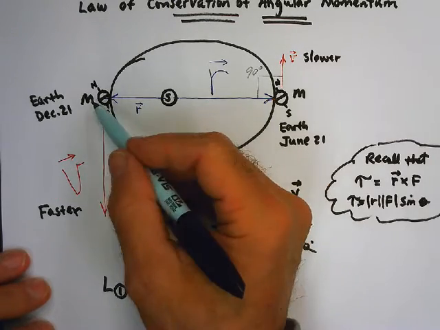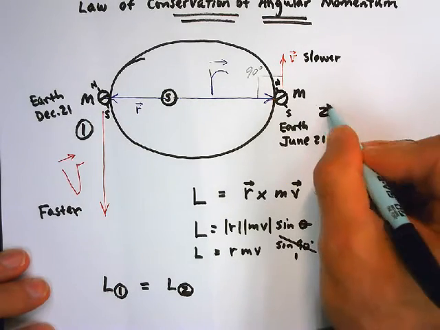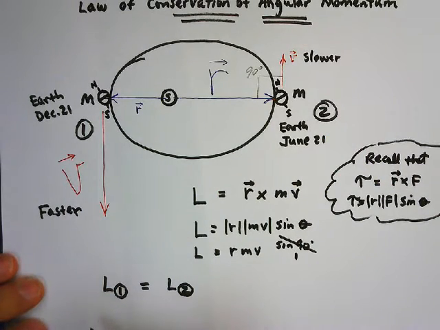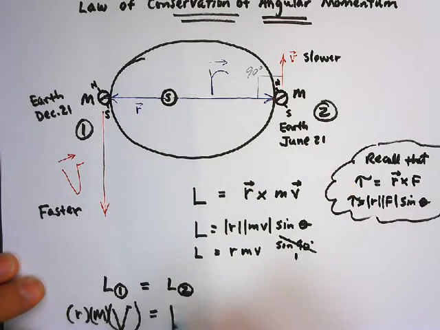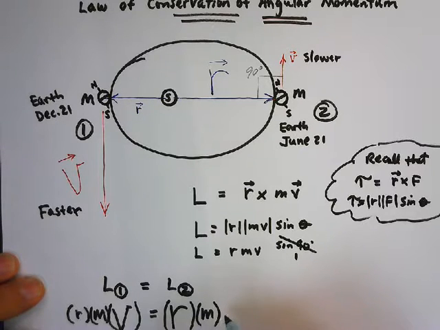So if this is position 1 here, and here's position 2, the angular momentum here would be that small vector r times the mass of the Earth times a big velocity, and that's equal to the angular momentum of the Earth at position 2, which would be a very large position vector r, times the mass of the Earth, times a very small translational velocity.